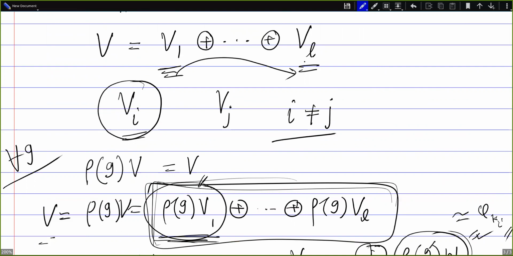That shows that the irreducible representation which occurs in Vi, its number of occurrences is the same as the number of occurrences of the irreducible representation in Vj for every other j.